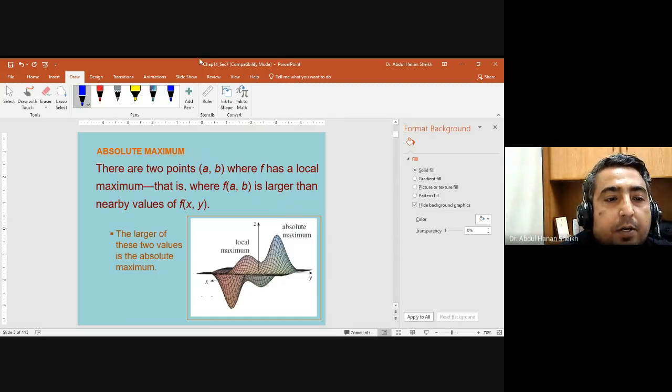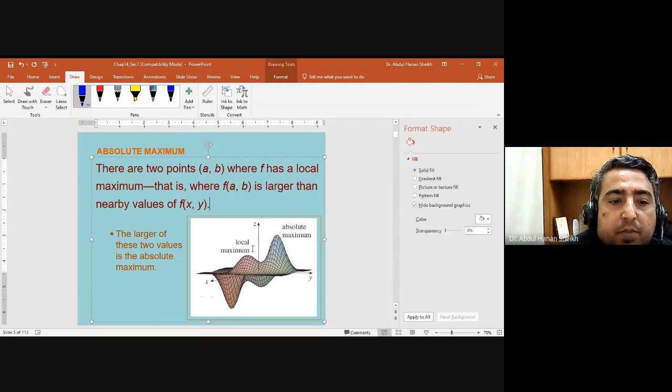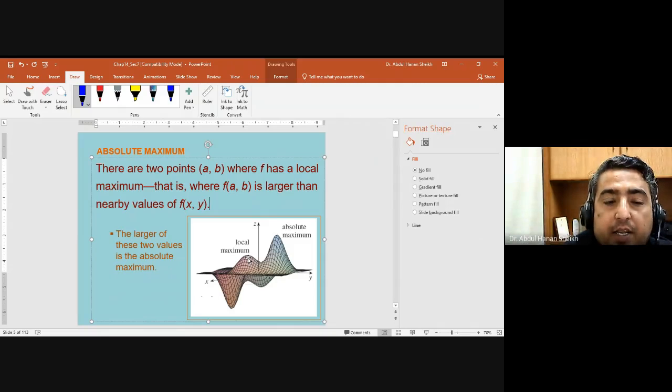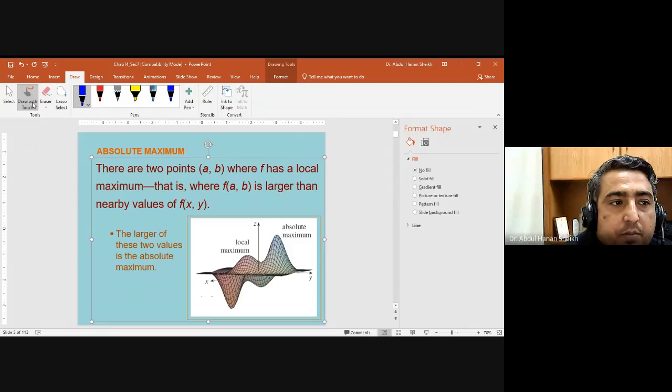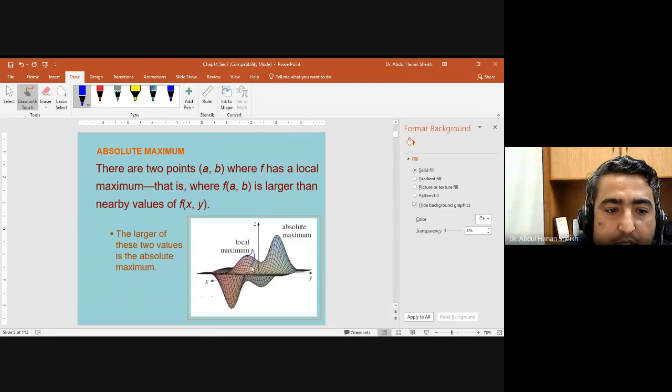So there is a point a comma b where f has a local maximum. That is, f of a comma b is larger than nearby values. It means this point can be thought of as a local maximum, because if you only consider values nearby this point, in this region, this is the maximum value.